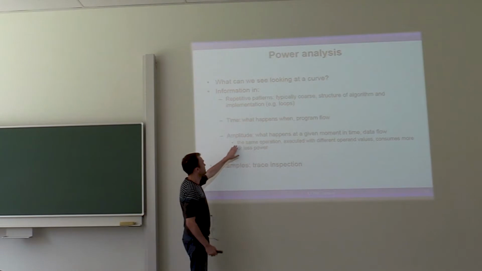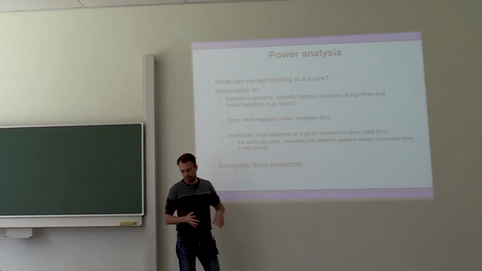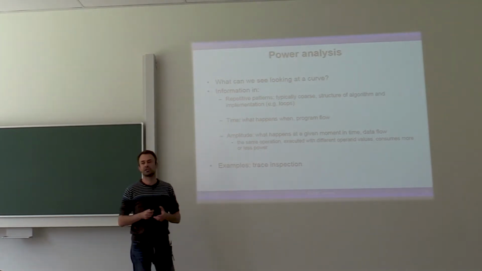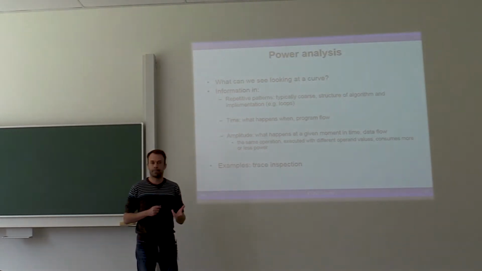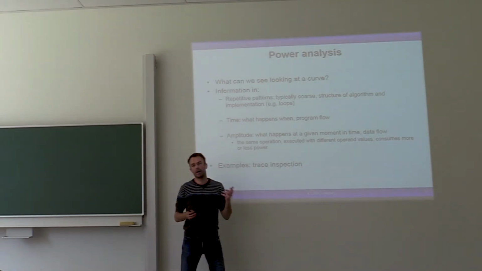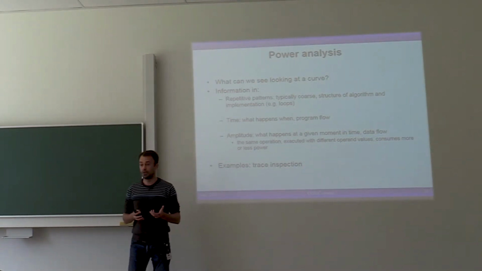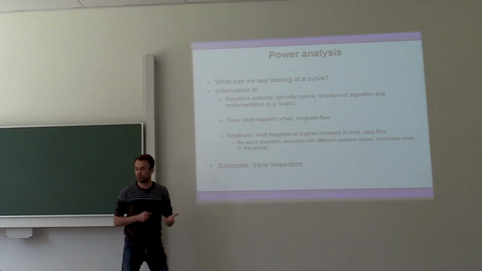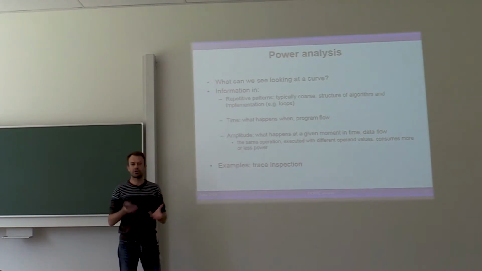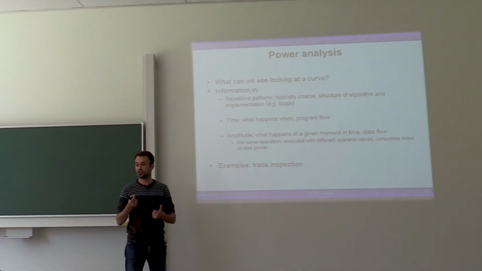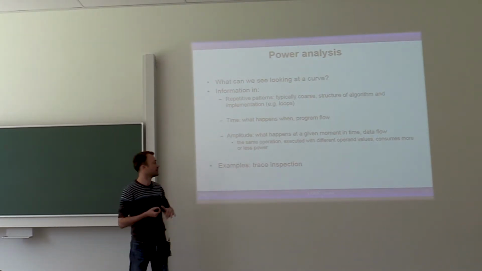An important side information is that on a microcontroller, for example, if a microcontroller executes a certain instruction with different operand values, the power consumption will change somehow in dependence on the operand values. So the total power consumption is going to be a sum of what's the operation and what's the operand. And if we keep the operation the same, but we change the operand, power consumption is going to go up and down.